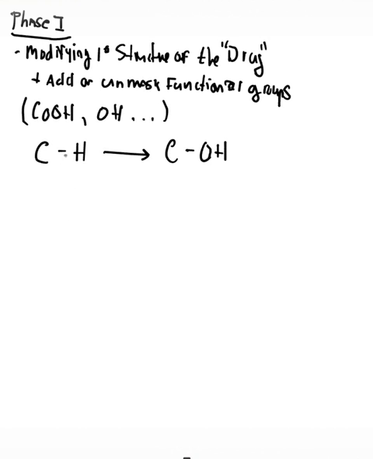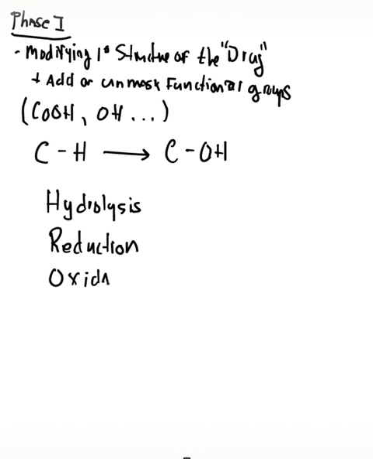The primary chemical reactions that we see in phase 1 biotransformation include hydrolysis, so we're breaking up a water molecule to make a reaction, reduction, and oxidation. I can combine these and just call them redox reactions.